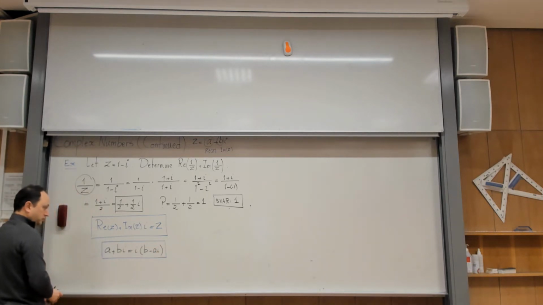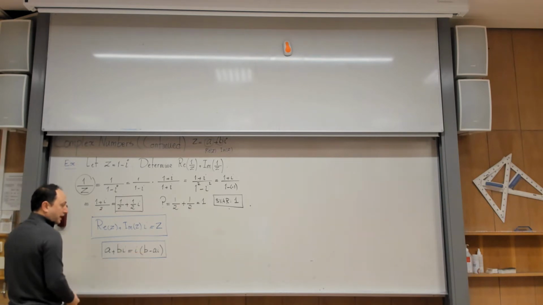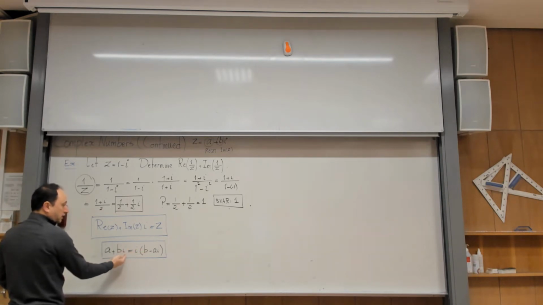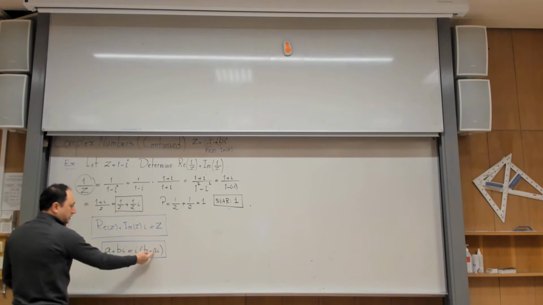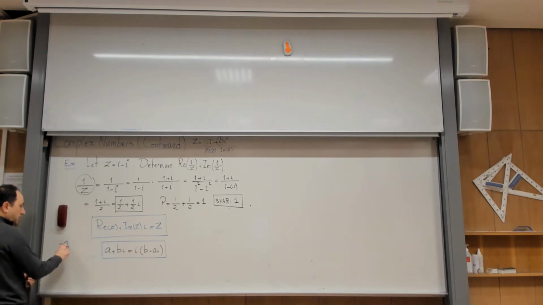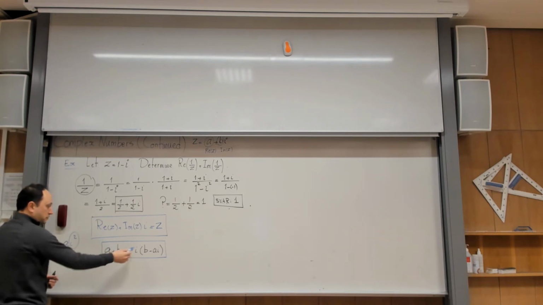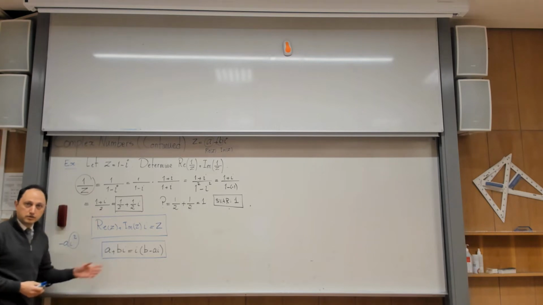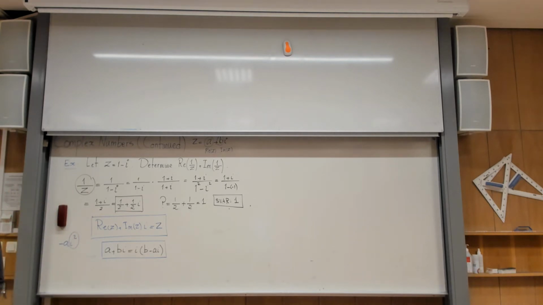Is that understandable? If you don't believe, multiply it back. I times b is bi. Then this becomes minus a I squared. But I squared is negative 1, so it becomes positive a. So that's good to remember, that you can do this using this trick. Okay.